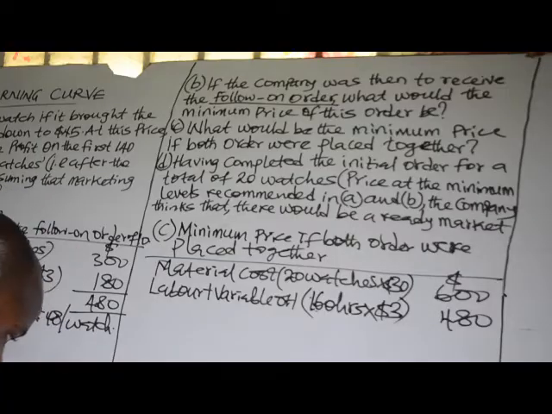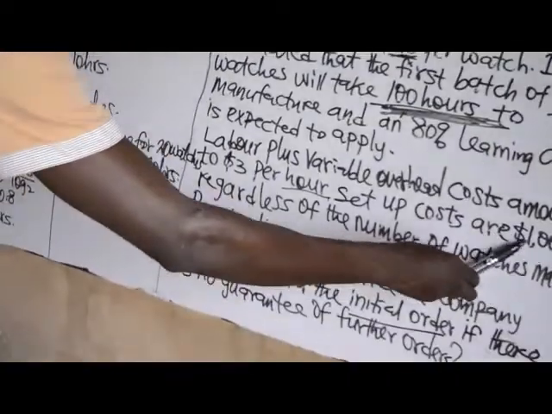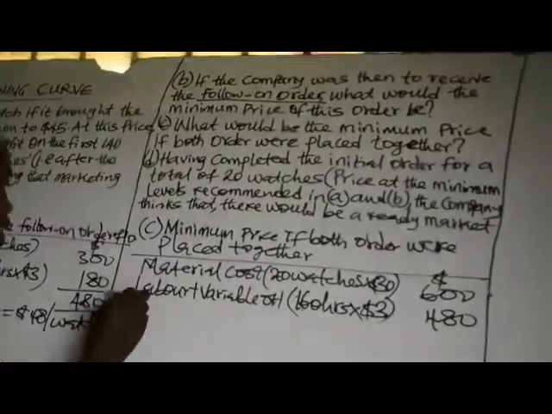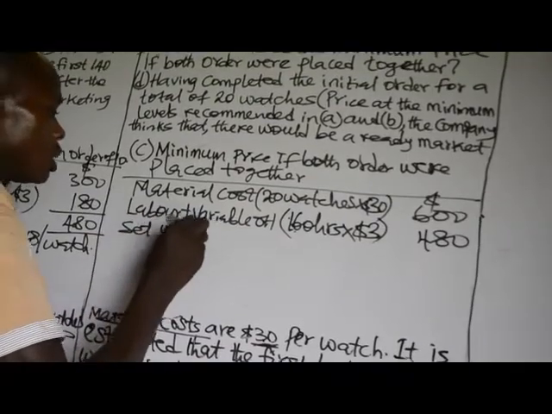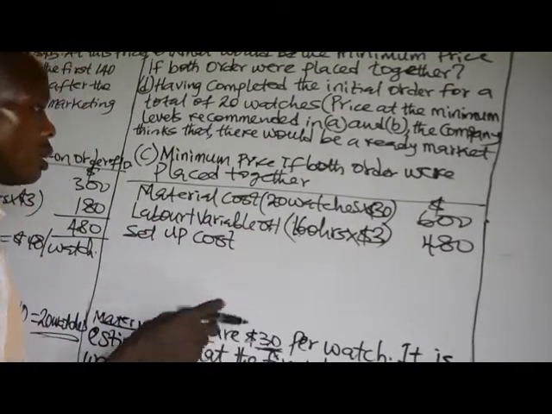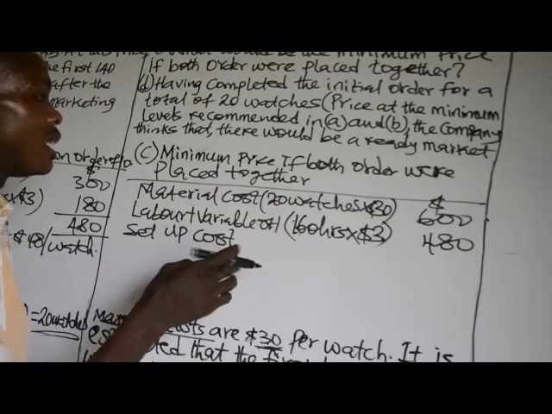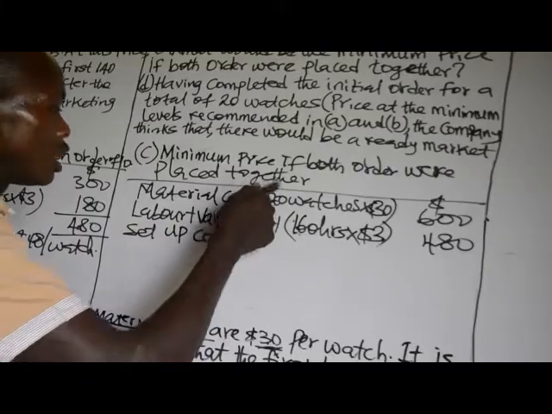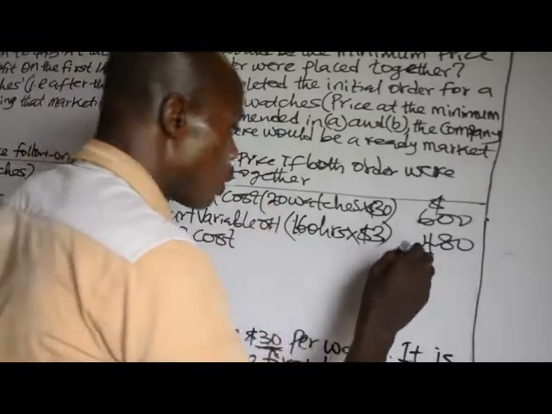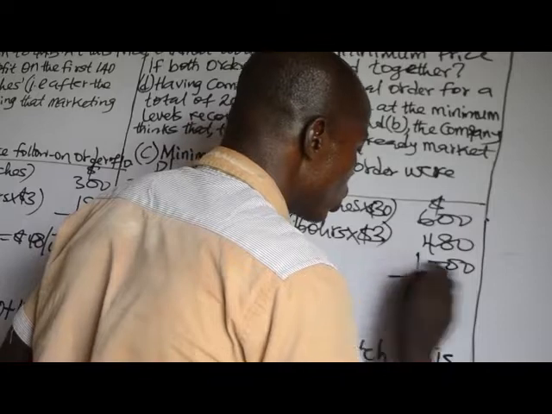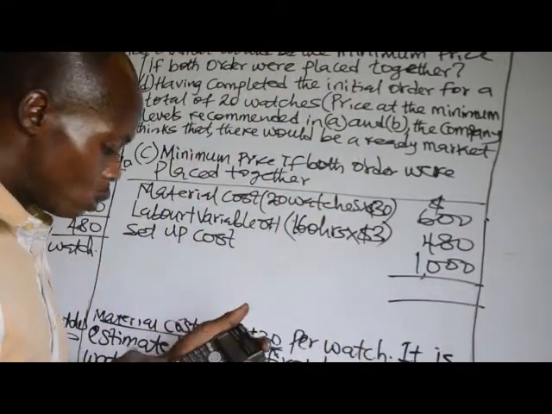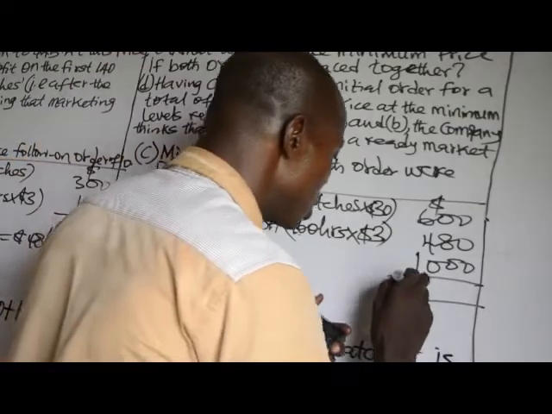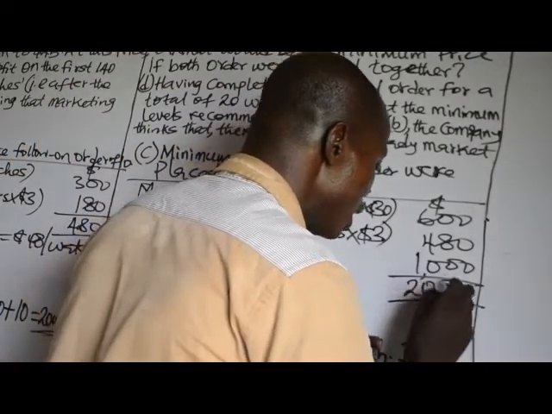We also have setup costs of 1,000 regardless of the number of washes made. Setup cost will be considered in this case because the first batch of 10 is included in this 20. That means from 1 to 20 is what we are considering. So the setup cost of 1,000 will be considered. So the total relevant cost, when you sum it up, is $2,080.